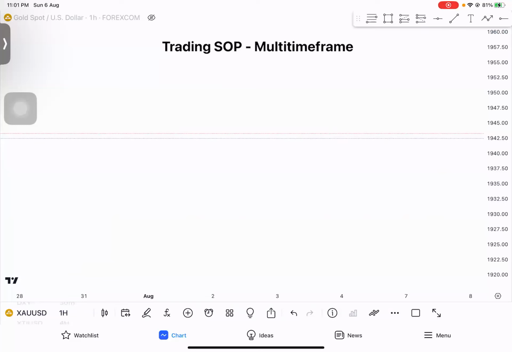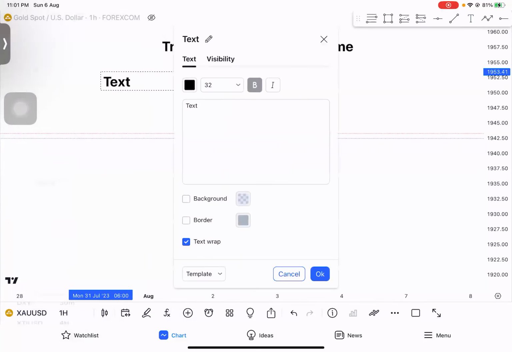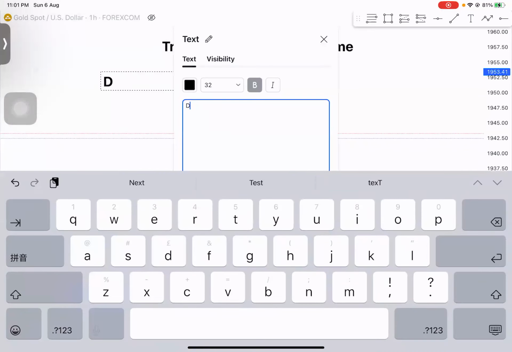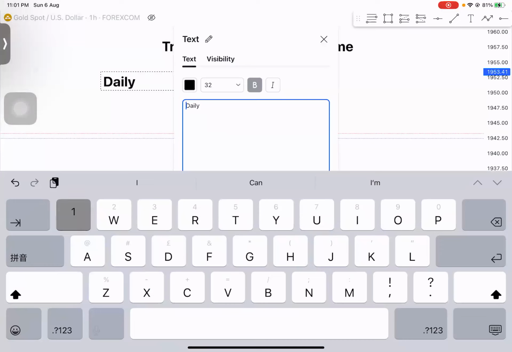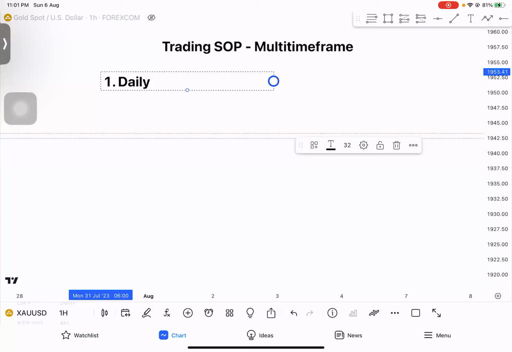The time frame I'll be using at first is the daily, for intraday or more to scalping traders. I will start with the daily first.